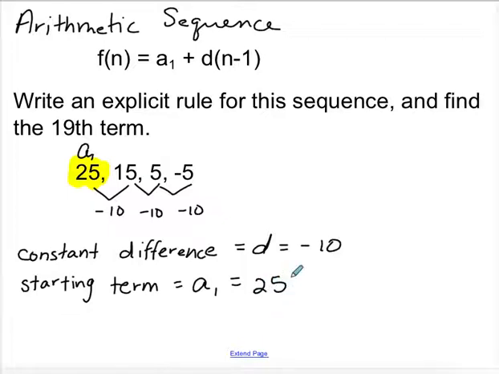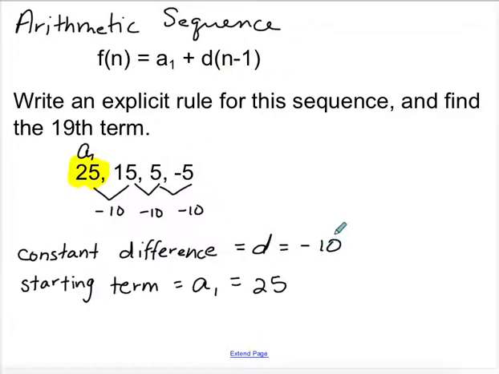Okay. And then I'm going to write a function where I input some value n and get out a value f of n for that number. So we're going to use this rule here to put it all together. Okay.